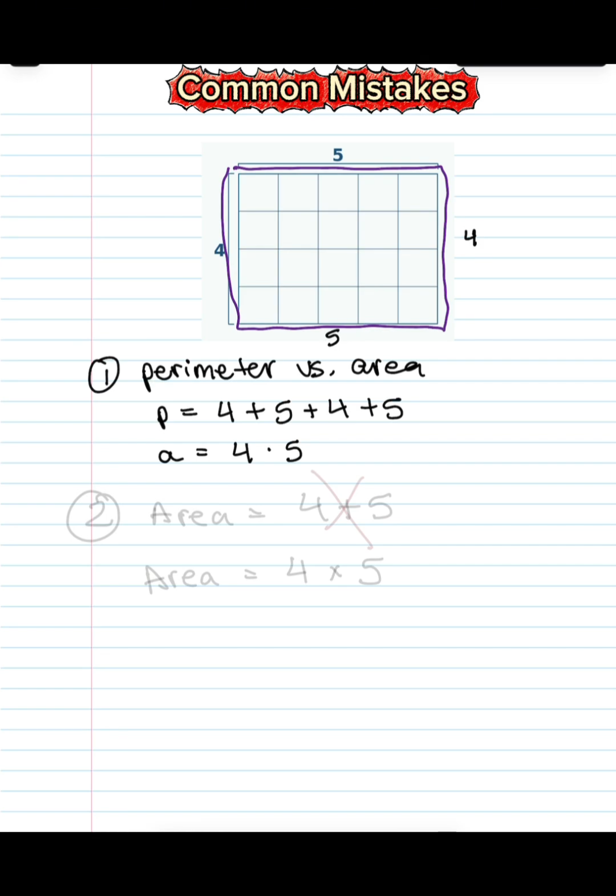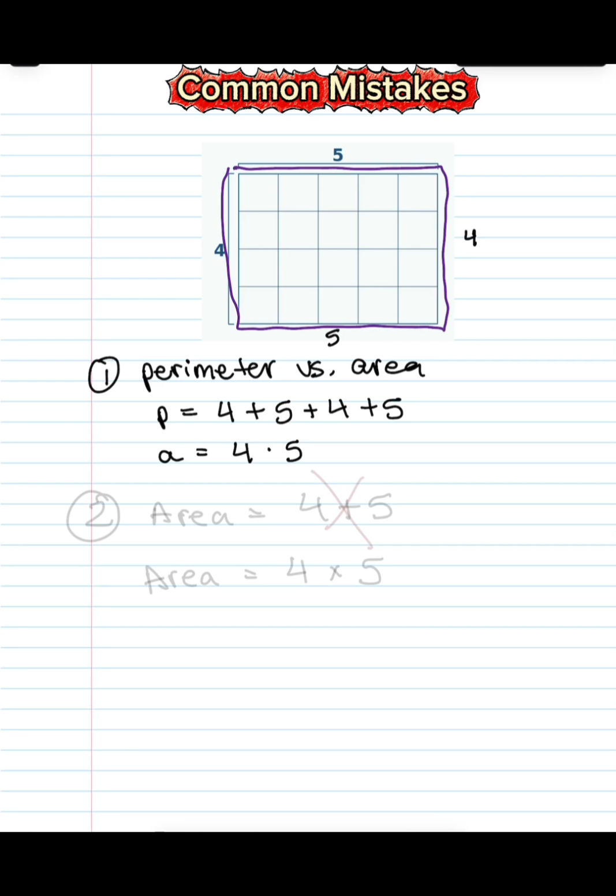Remember that the perimeter is the total length of all sides, so think about walking around the shape, how far you would walk. And the area is the number of unit squares inside that shape, so remember the grid of rows by columns. The other mistake that comes up is adding the rows and the columns instead of multiplying.